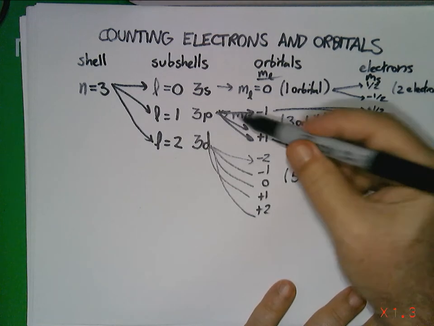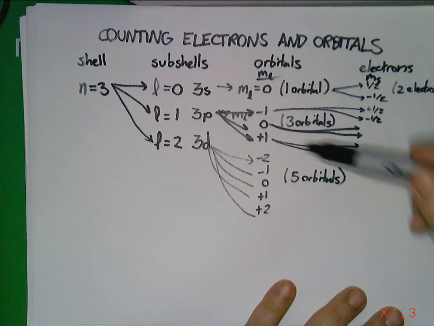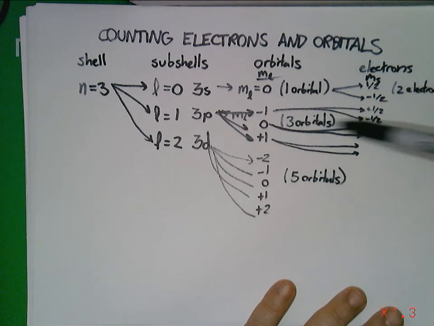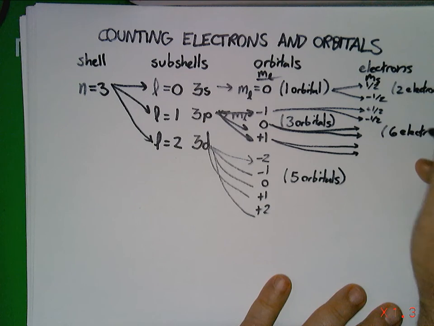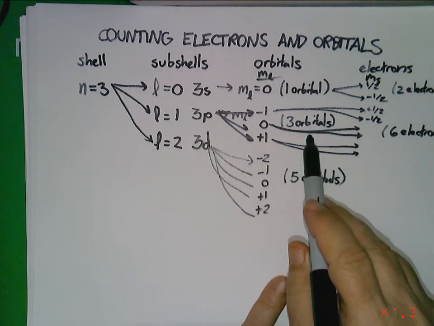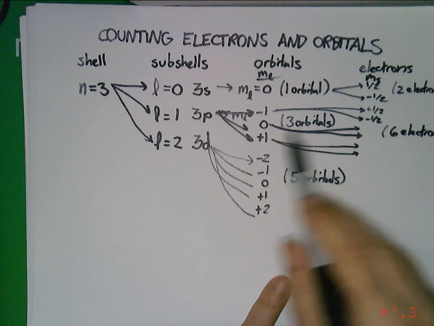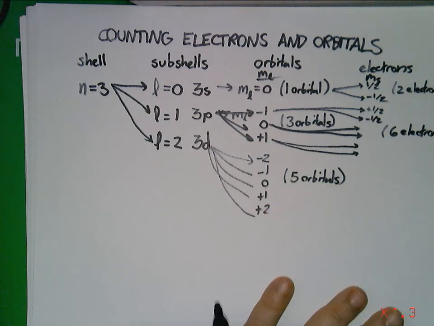So how many electrons can fit in the 3p subshell? 3 orbitals can fit in there. Each orbital can hold 2 electrons. So there are a total of 6 electrons in the 3p subshell. See? 3 orbitals, each holds 2, gives you 6.